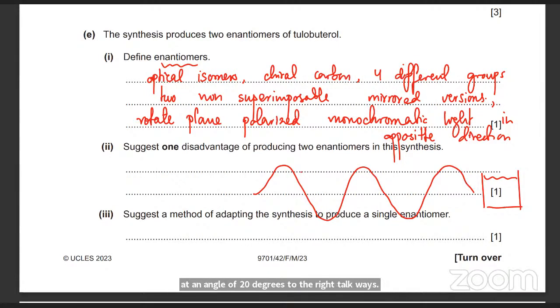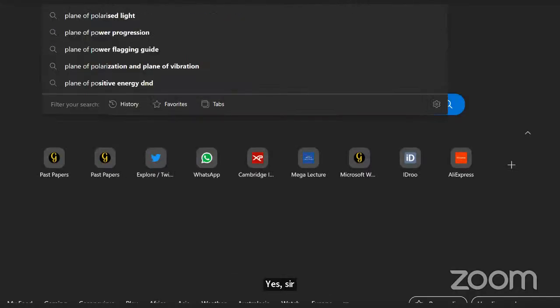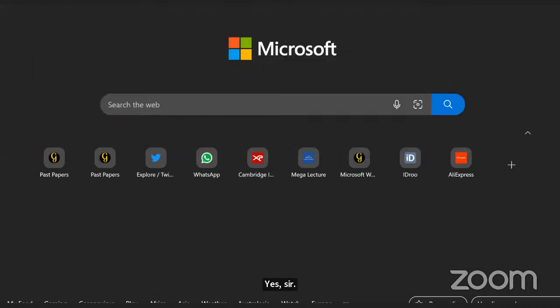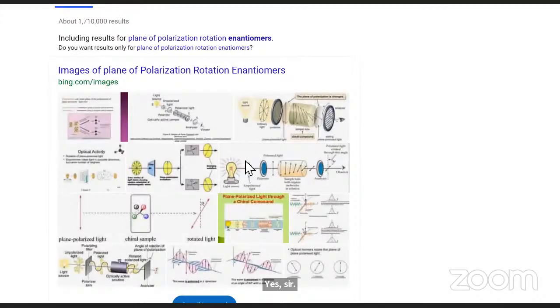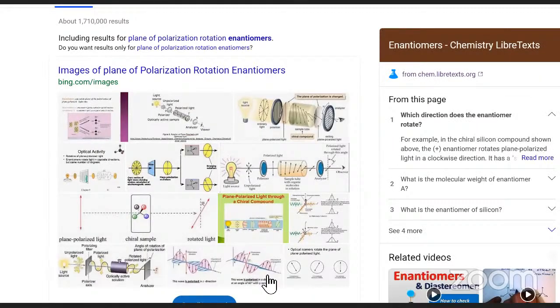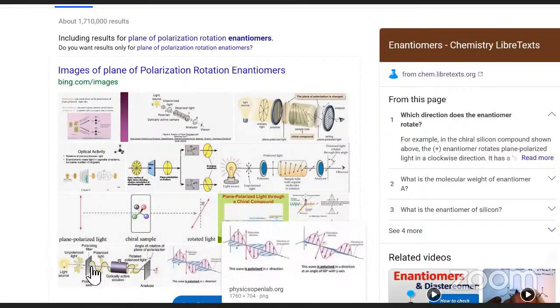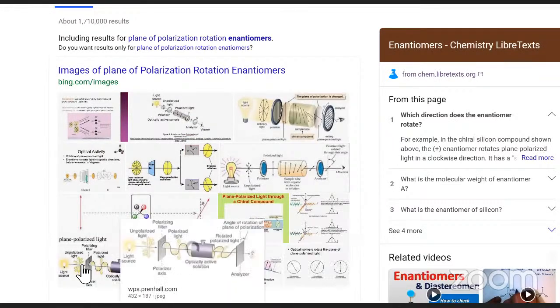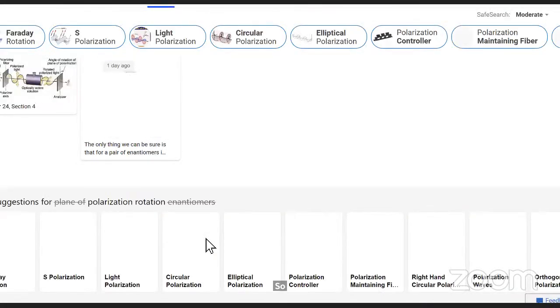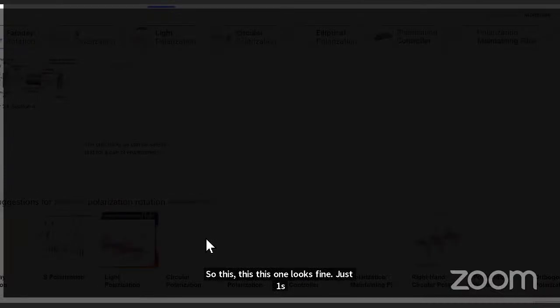Let me show you an image. There will be some images on Google. So this one looks fine. Just one second.